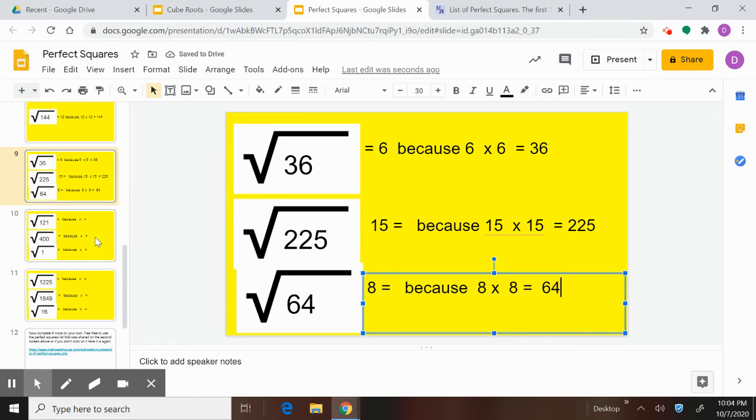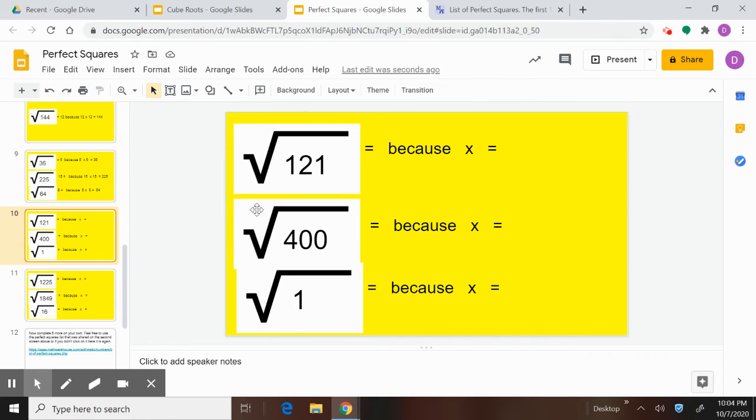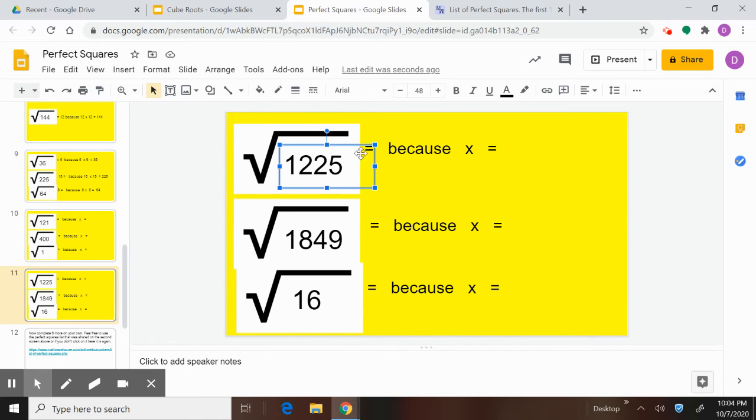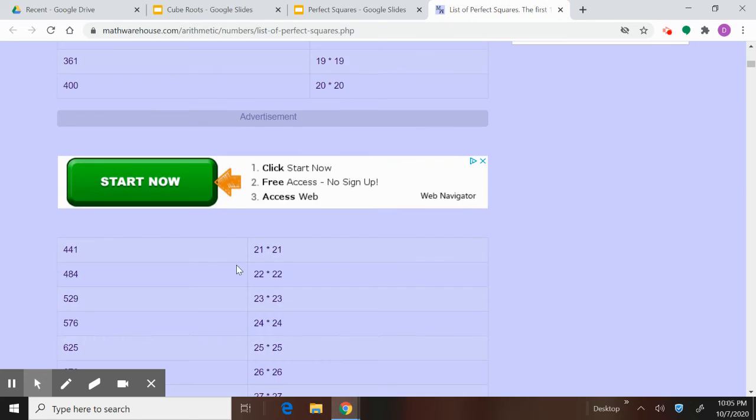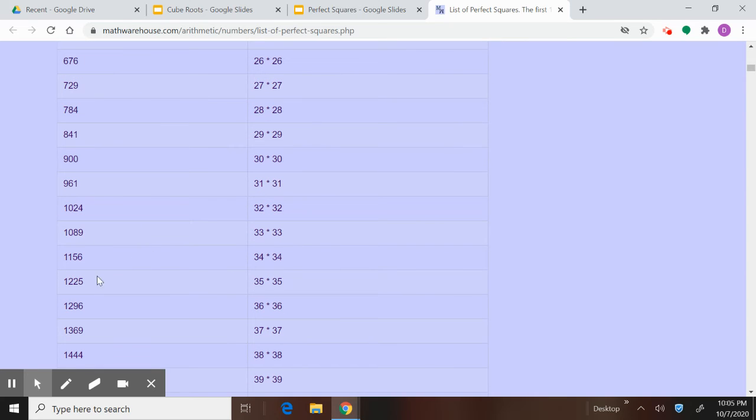And just a couple more to show you here. Square root of 121, square root of 400, square root of 1. We could go on. Square root of 1225, square root of 1849, square root of 16. I'll do one more because I do want you to be able to do these on your own without me showing you all of them. So the square root of 1,225, if I have my list here, I scroll down to 1,225. It's 35 times 35.